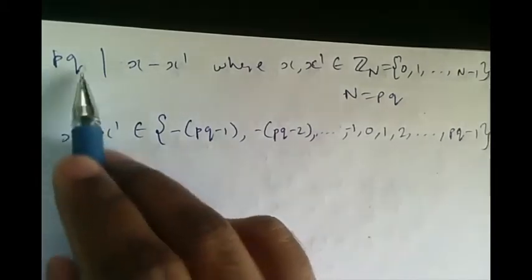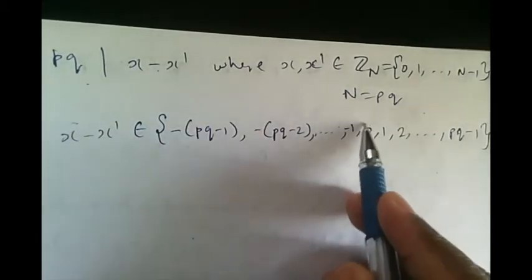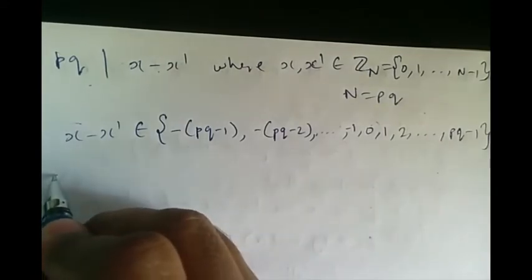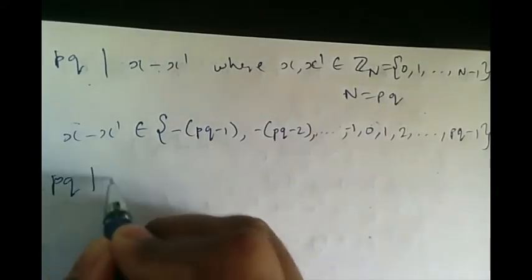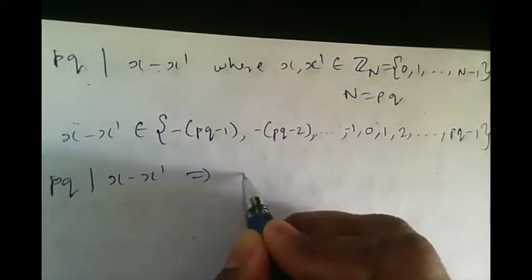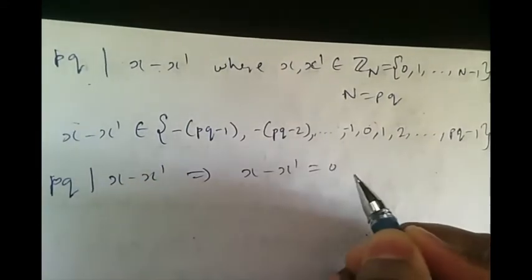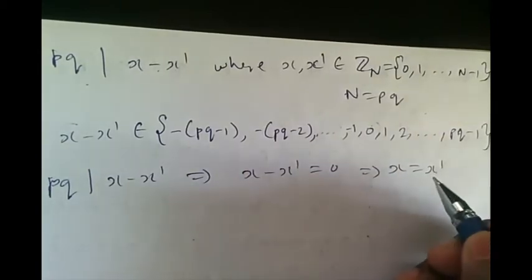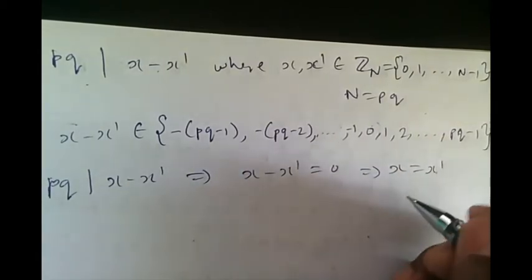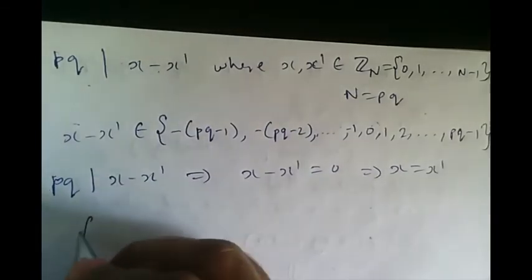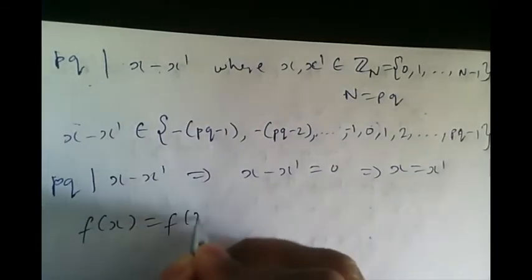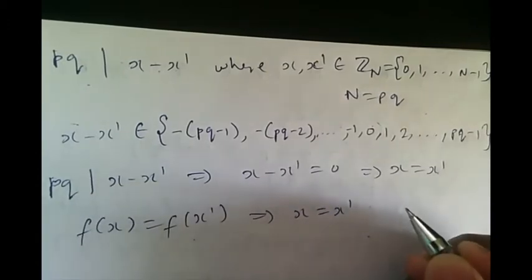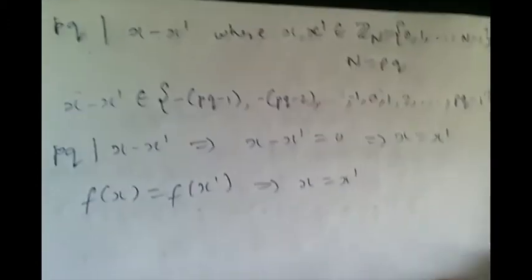So the only way pq can divide x minus x prime is if x minus x prime is equal to 0. So pq divides x minus x prime implies x minus x prime must be 0, which implies x is equal to x prime, which is what we wanted. We wanted to show that f of x equals f of x prime implies x equals x prime, and we have shown that.